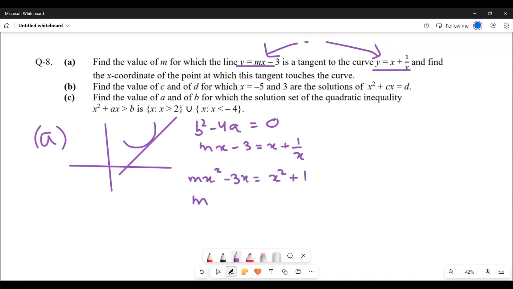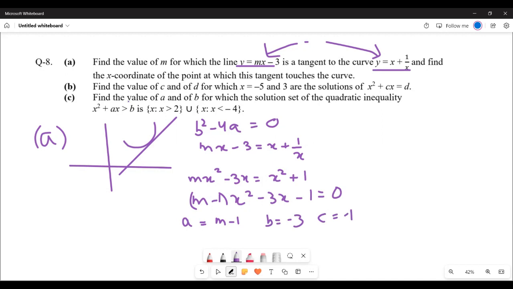So we have m minus 1 x square minus 3x minus 1 equals 0. Now we're going to equate the discriminant to 0. A is m minus 1, B is minus 3, C is minus 1.